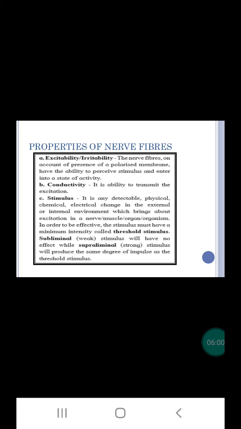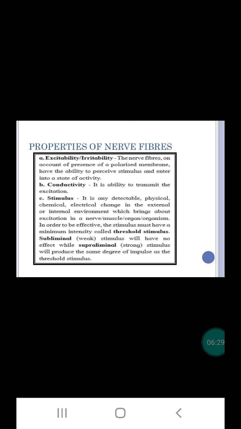Then conduction or conductivity is the ability to transmit the excitation. Then stimulus. Stimulus is any detectable physical, chemical, or electrical change in the external or internal environment which brings about excitation in a nerve or muscle or organ or organisms.